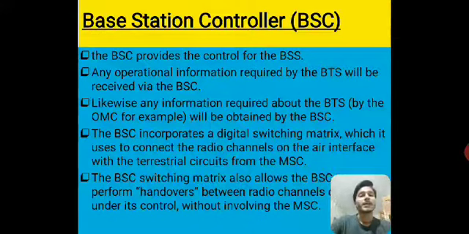Likewise, any information required about the BTS by the OMC, for example, will be obtained via the BSC. The BSC incorporates a digital switching matrix which is used to connect the radio channels on the air interface with the terrestrial circuits from the MSC.